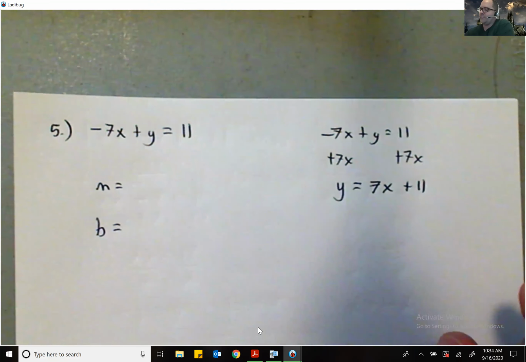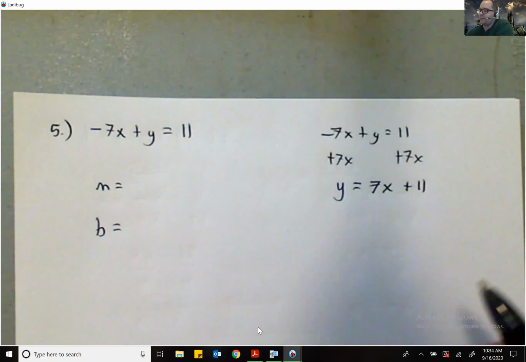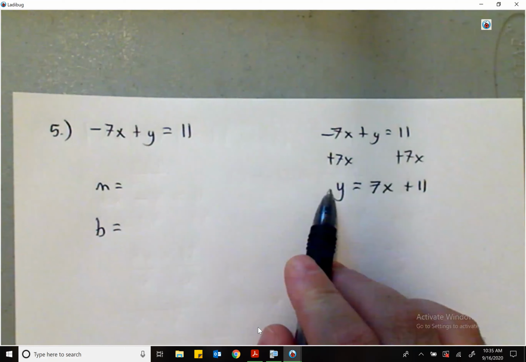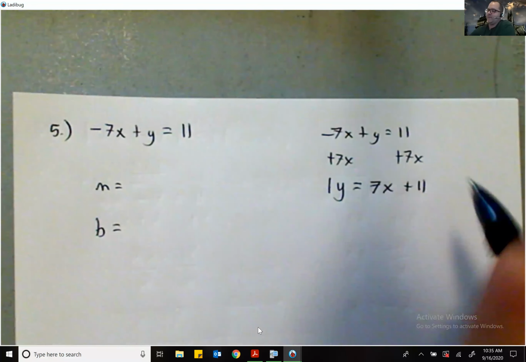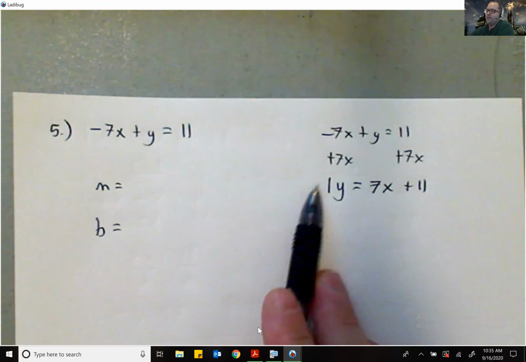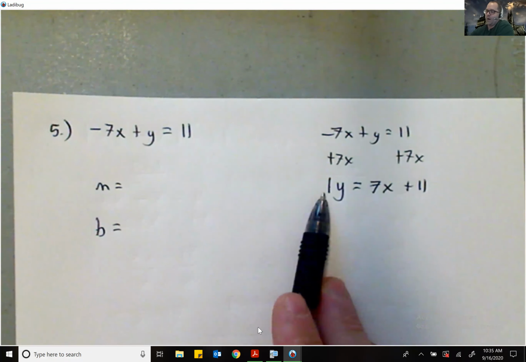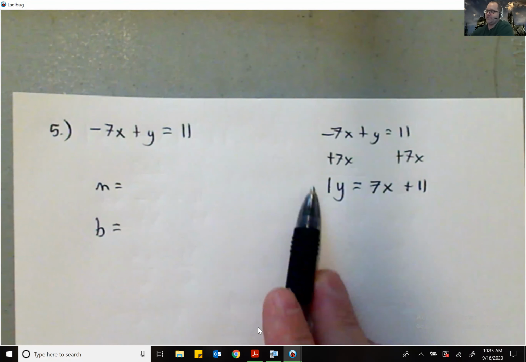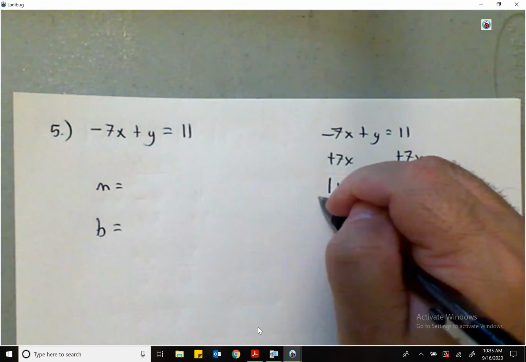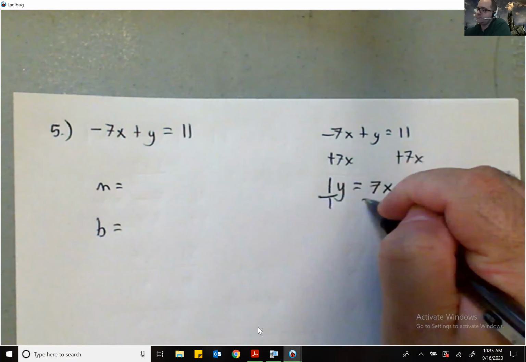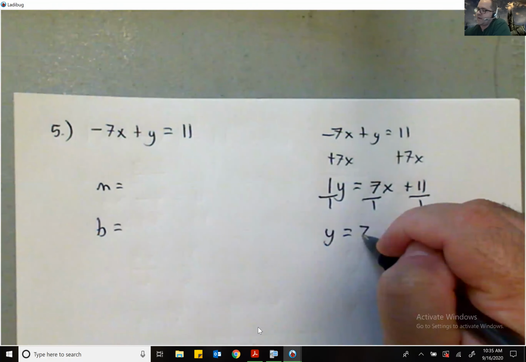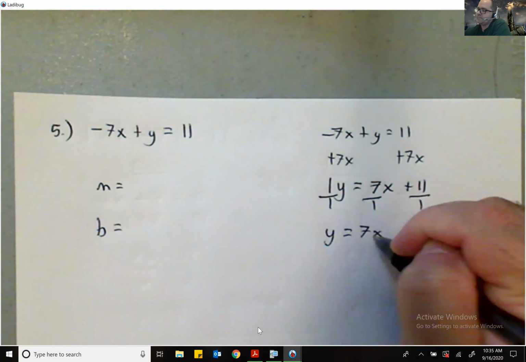Generally there is one more step, because what number is in front of y? 1. Generally the last step is to divide all the numbers by the number in front of y. But the number in front of y is 1. Will that change anything if I divide by 1? No. So your answer is still going to be y equals 7x plus 11.